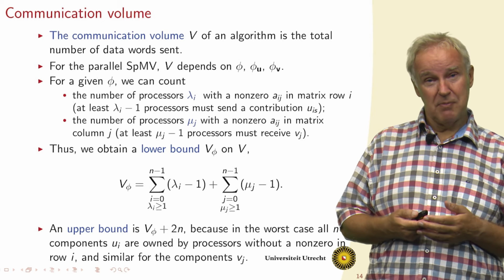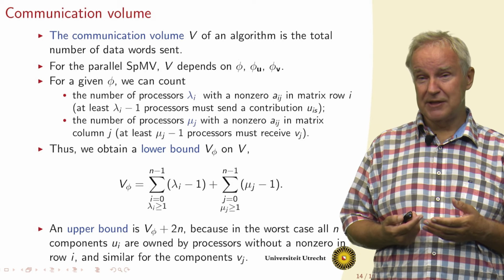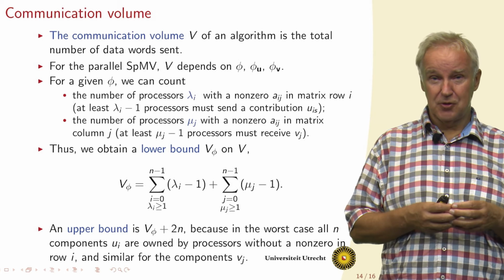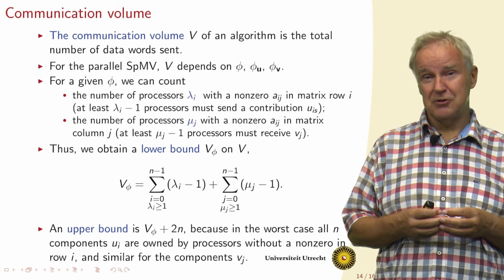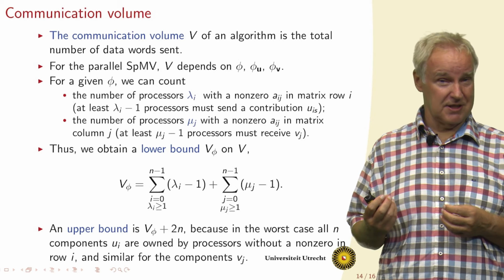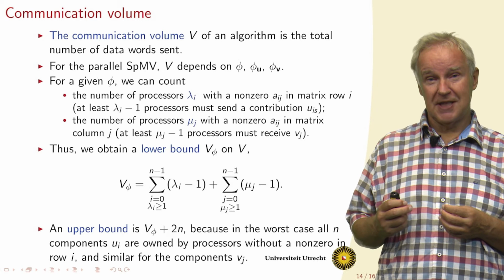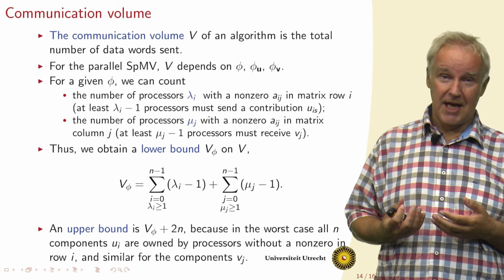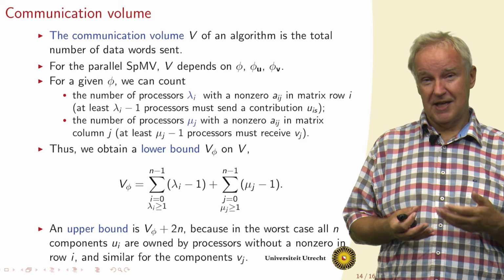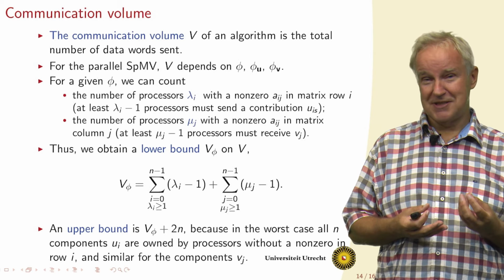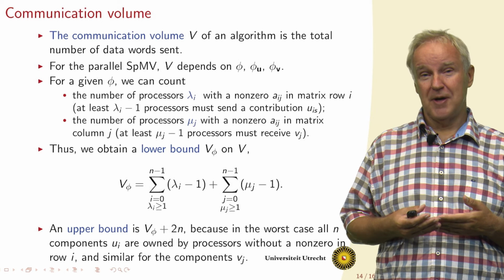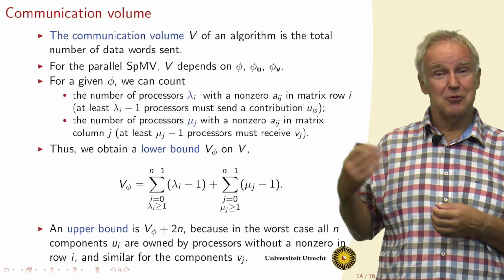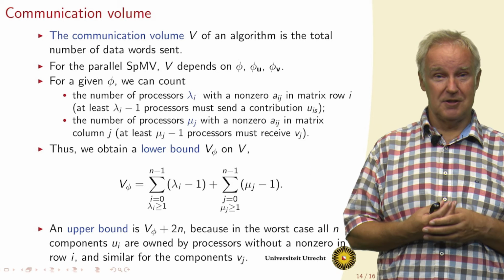Then a lower bound would be lambda I minus 1, in case the vector component ui is assigned to one of the processors that's present in the row. We only need to send it to all lambda I minus 1 others. Actually, an upper bound would be, if we don't have this pleasant situation, then you would have to send it from a processor that's not present in the row to all lambda I others.